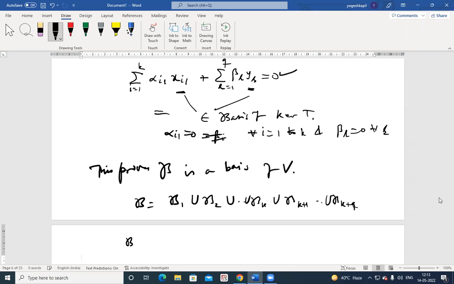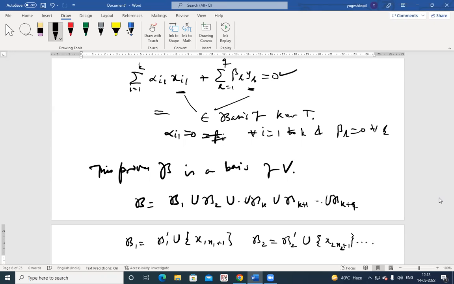What is B1? B1 is B1 dash union x1, and so on. B2 is B2 dash union x2, and so on.